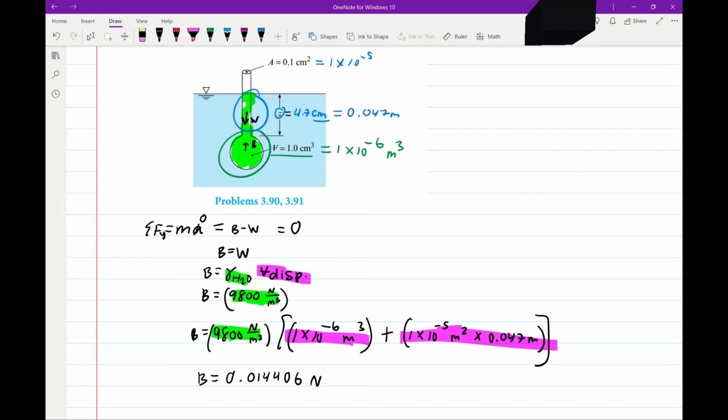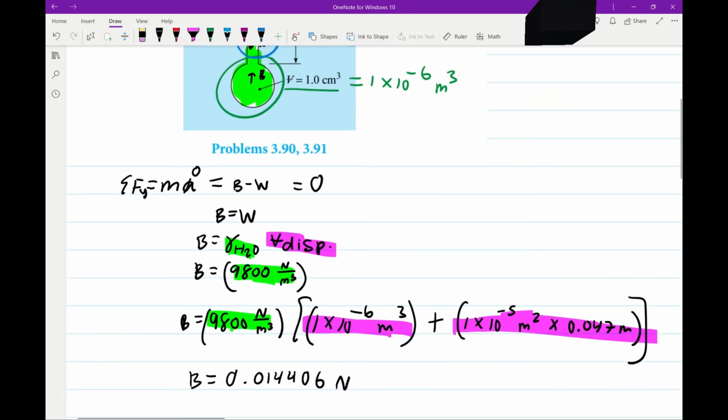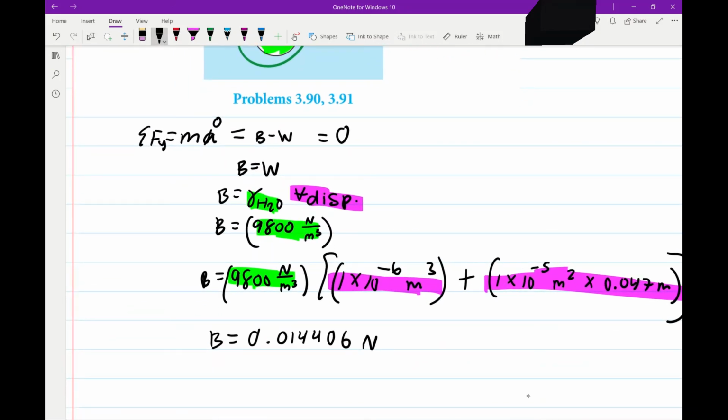And again, we're solving for the weight, so make sure that's actually W equals 0.014406 newtons. Since the first formula we wrote in this problem, we found out that B equals W, so we essentially found W through B.